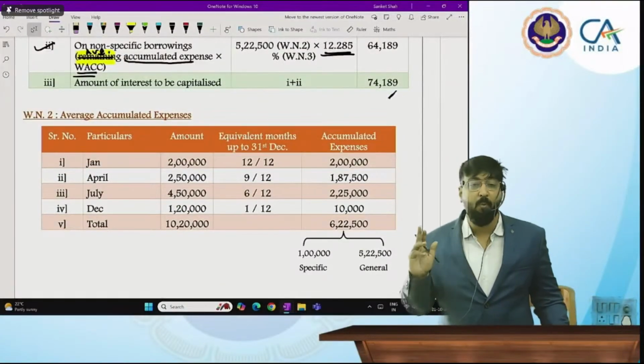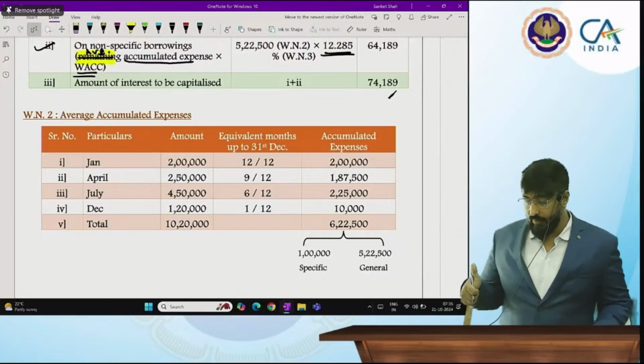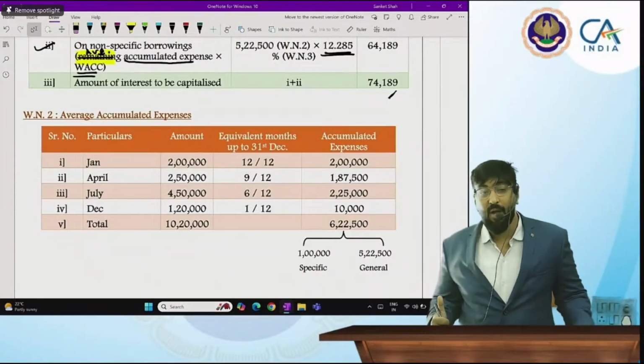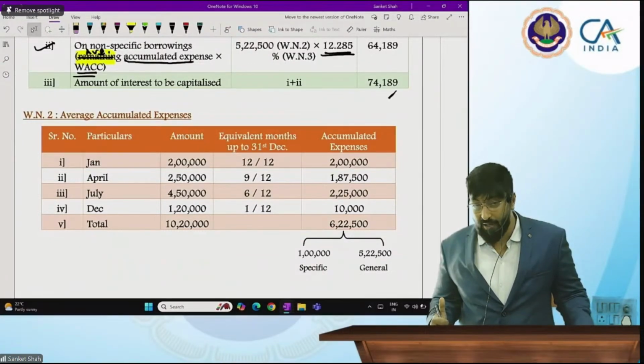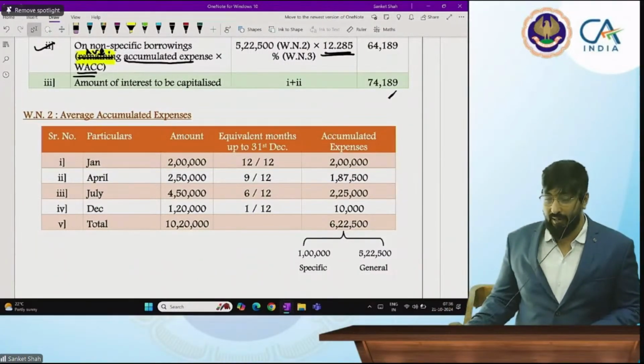So what are important points? सर, important point is that हम लोग आपसे चाहते हैं कि you should know equivalent annual expenditure, average accumulated expenditure. So you cannot take directly 10,20,000 के ऊपर interest.